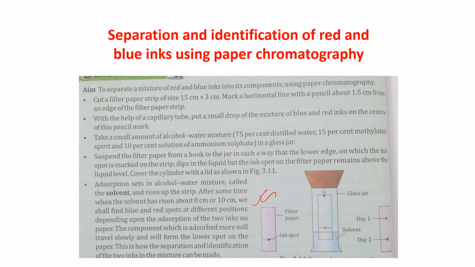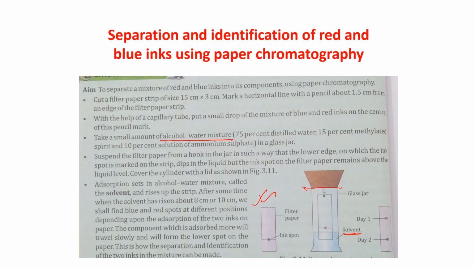Okay, now take a beaker which contains the solvent. That solvent is an alcohol water mixture. Just put it here. Now there is a hook. With the hook, this will hang that filter paper.